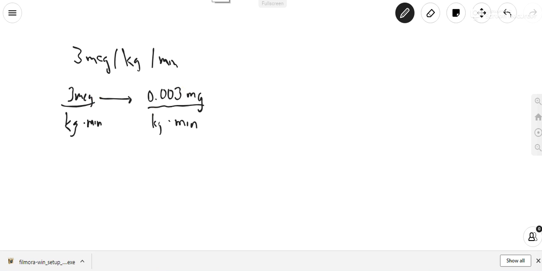Now we need to get the total milligrams per minute. We can do that by understanding that this can be rewritten as 0.003 milligrams per minute.